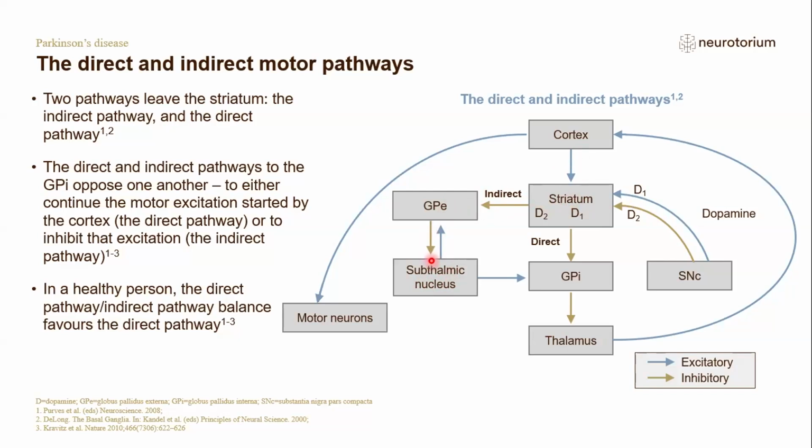When that happens, the subthalamic nucleus becomes more active, and then sends excitatory signals to both the globus pallidus internal segment as well as the substantia nigra pars reticulata, which will be part of the substantia nigra, okay?